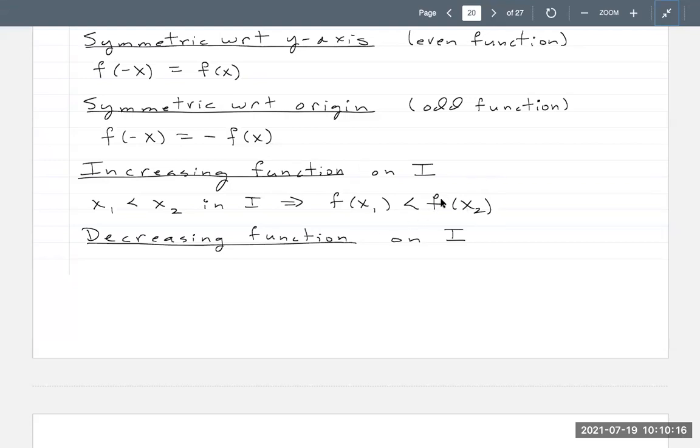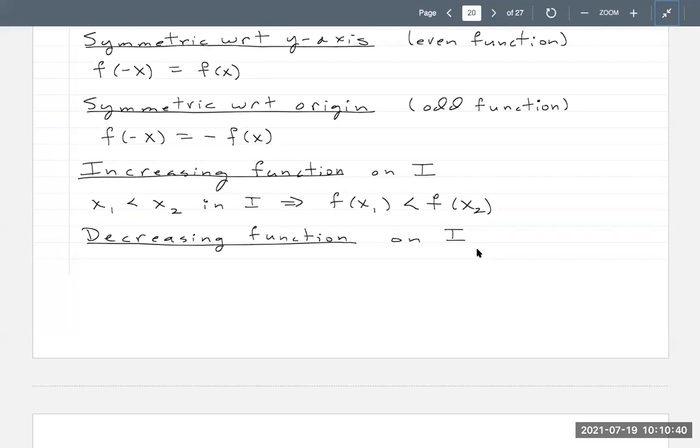As you look at the graph of your function and proceed from left to right, if your y values are getting bigger and bigger, then that's an increasing function.